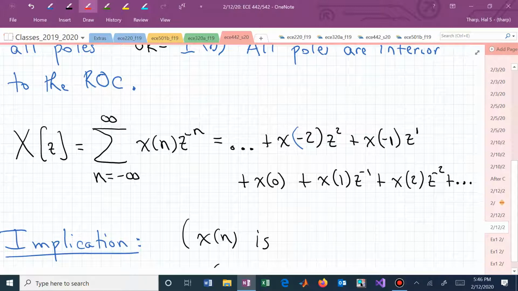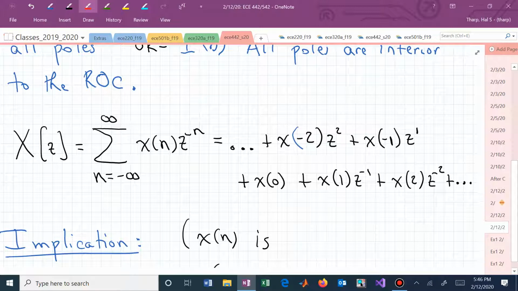If you plug in infinity where z is, what does that mean or impose on some of these sequence values, which are represented by x at minus 2, x at minus 1, x of 0. So we have x of 1, z to the minus 1, plus x of 2, z to the minus 2. We plug in one of those particular values in the region of convergence. Let's just let it go off to infinity.